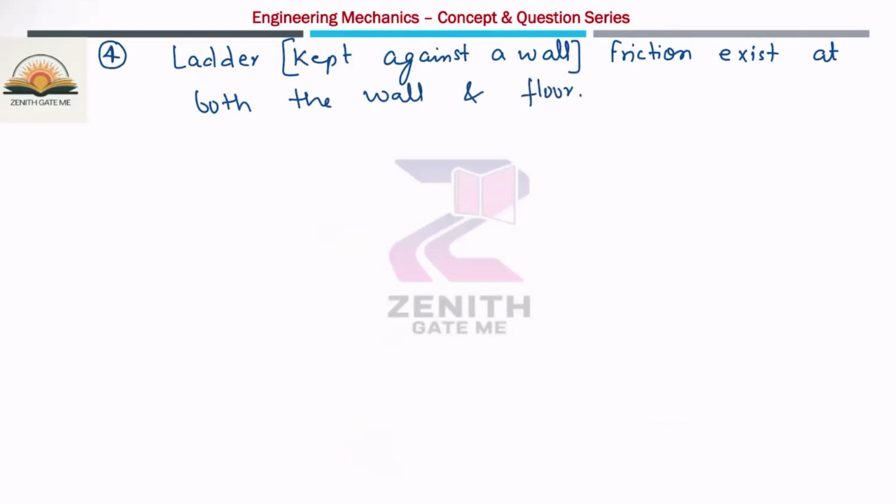So this is basically a ladder which is resting on a horizontal surface and a vertical surface. It is resting on these two surfaces. So how will you draw the free body diagram? And I'm taking the weight of this ladder as W.